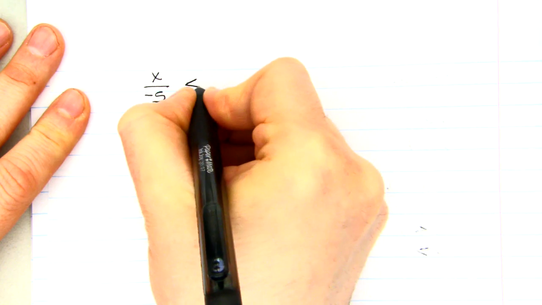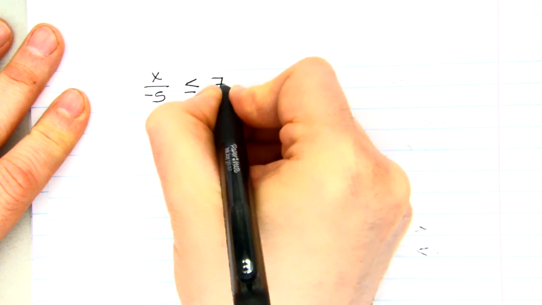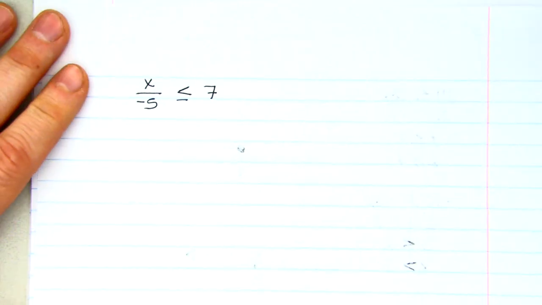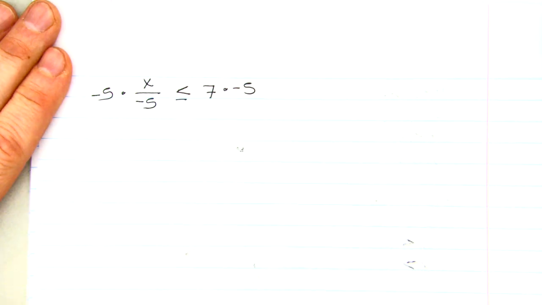Next, let's take a look at x divided by negative 5 is less than or equal to 7. To get rid of divide by -5, I'm going to multiply both sides by -5.